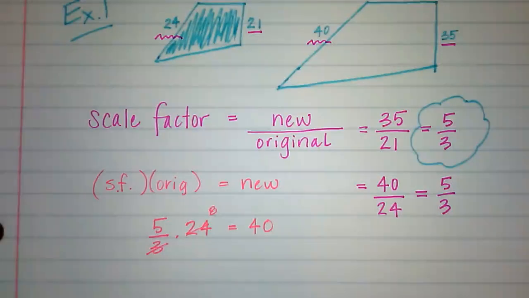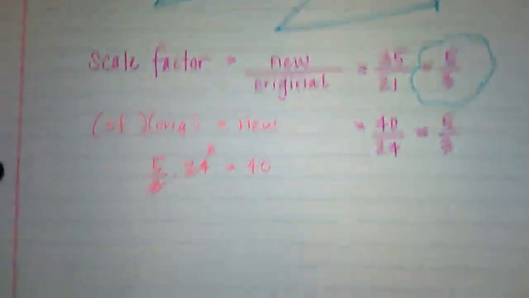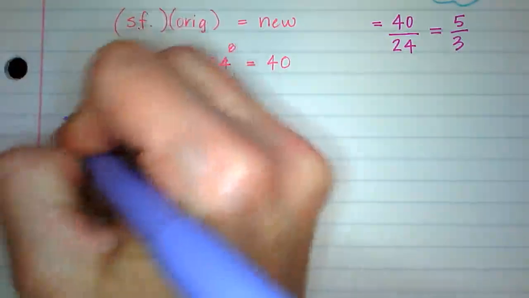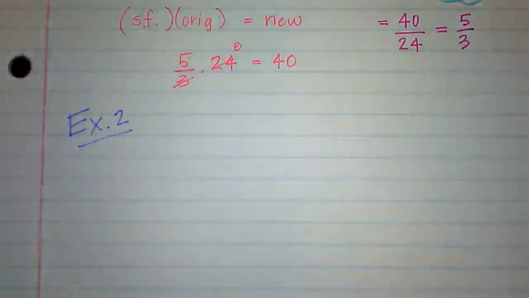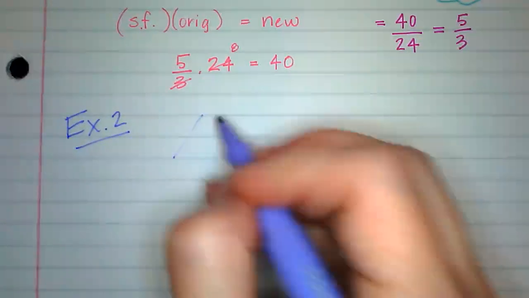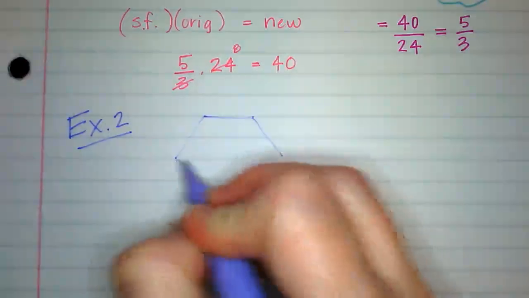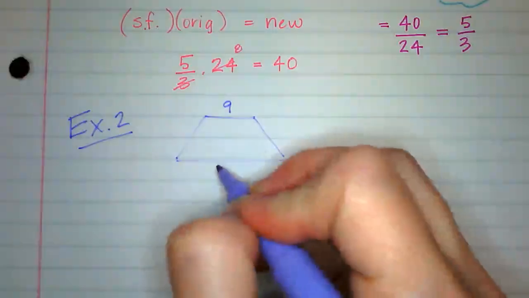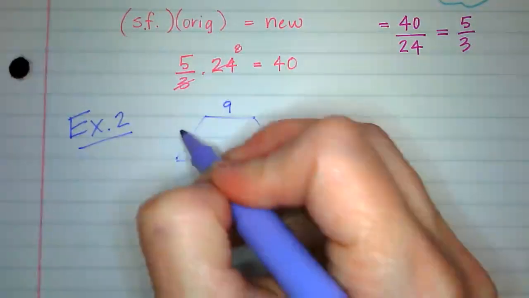All right, for our next example, we're going to find a missing side this time. So this is example 2. Let's just do a trapezoid, and my marker is not working super well.